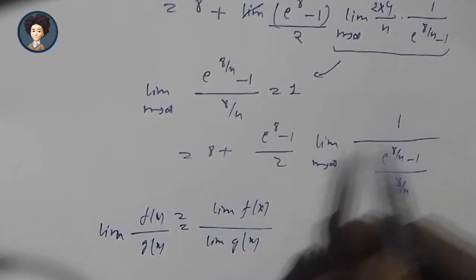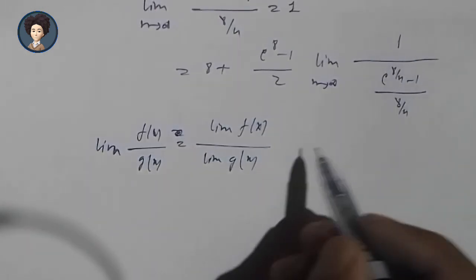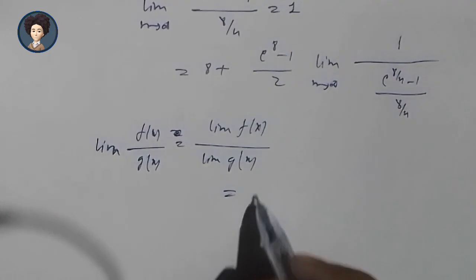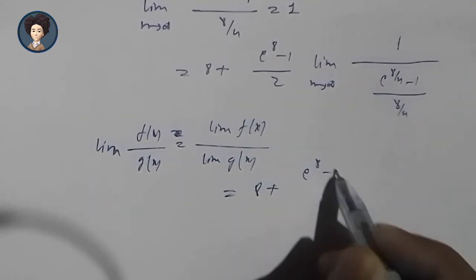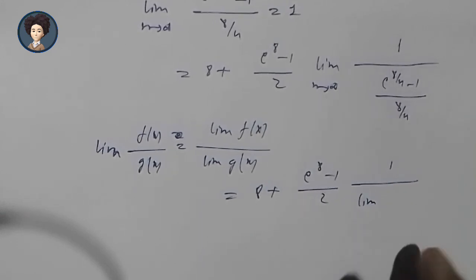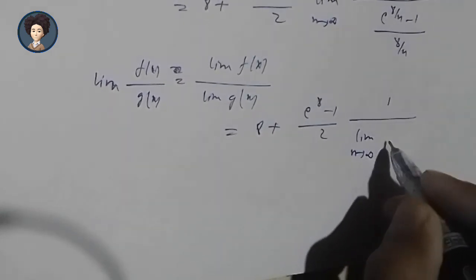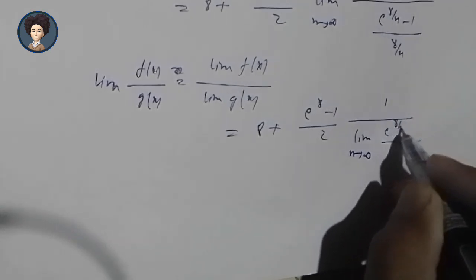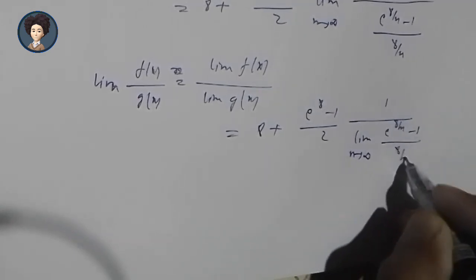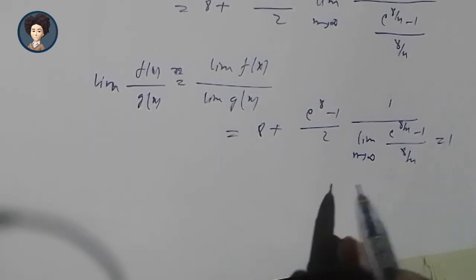Since here it is a 1, it remains 1 here, and now this becomes 8 plus e to the power 8 minus 1 by 2, and 1 by limit n tends to infinity of e to the power 8 by n minus 1 divided by 8 by n. And now this one becomes equal to 1.